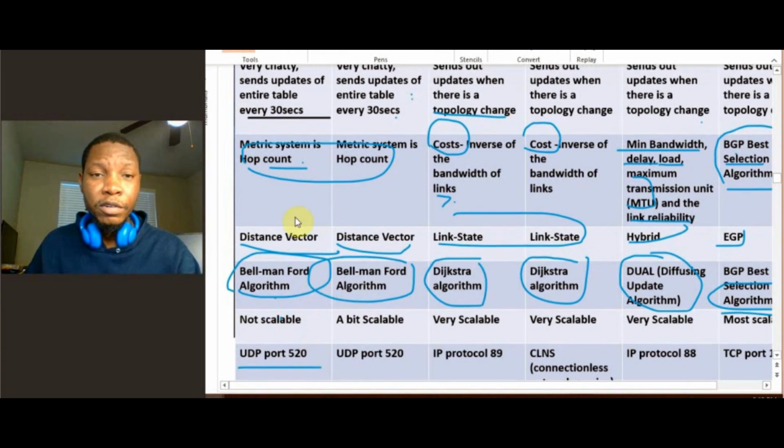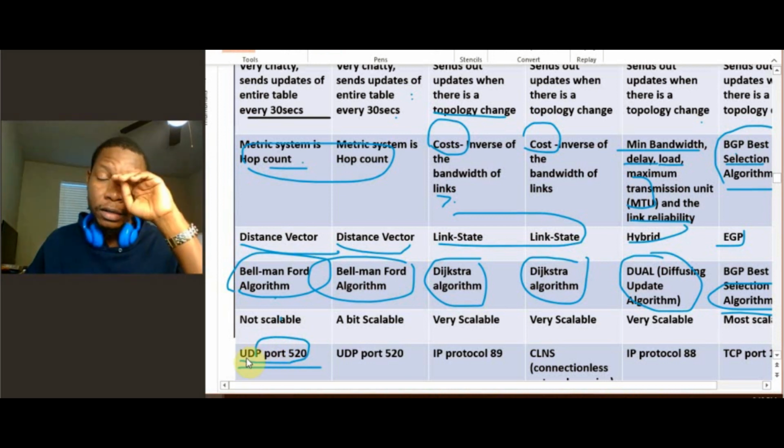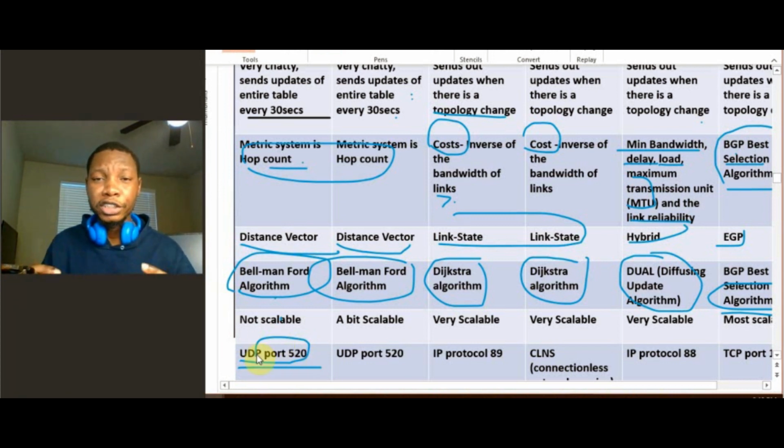RIP operates as a UDP protocol under port 520. If this is blocked, your RIP communication between two routers would stop. So always ensure that UDP is allowed between your routers on port 520, because that is the port RIP is listening to.